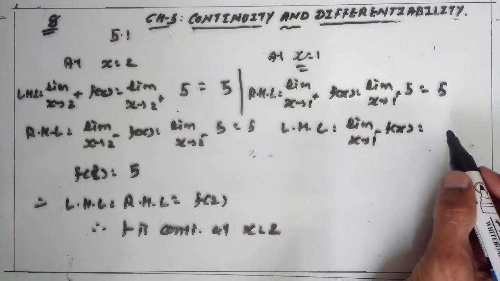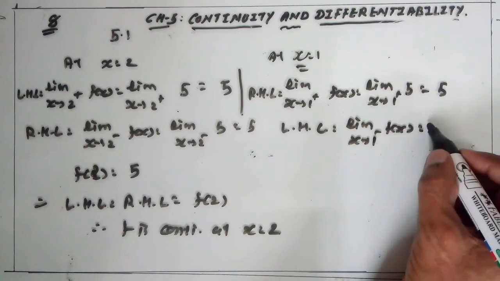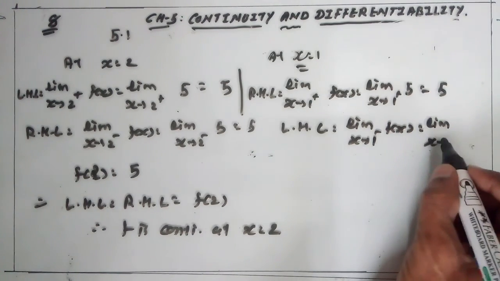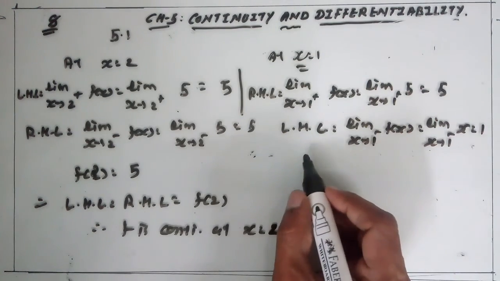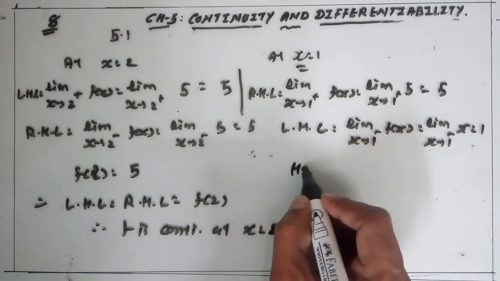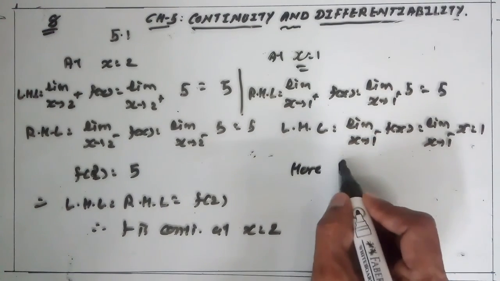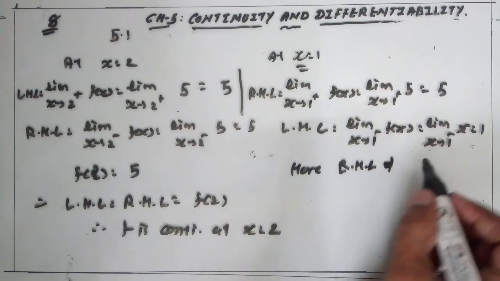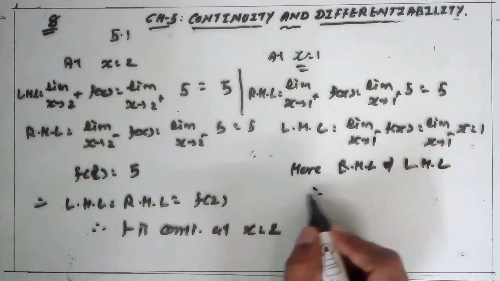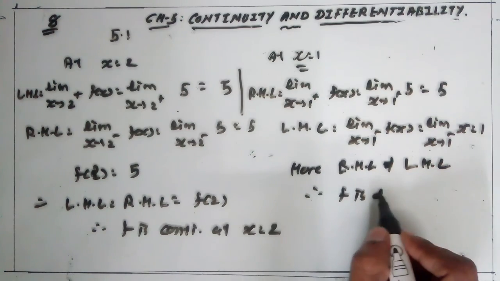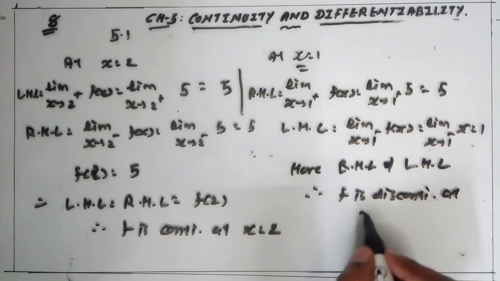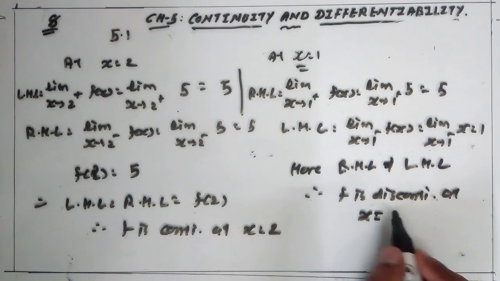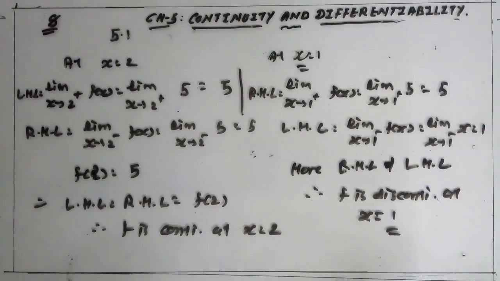In this case values of x are less than 1, so we select x, so limit x tends to 1 negative x is equal to 1. Clear? So here the right hand limit is not equal to the left hand limit. Therefore f is discontinuous at x is equal to 1. Clear this? Now the remaining questions we solve in our next lecture.